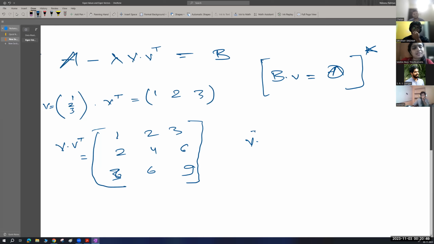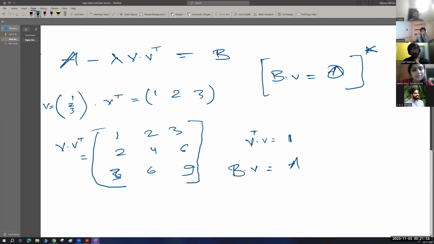They're all unit vectors, right? So B of V is equal to A of V minus lambda V V transpose V, and A V is lambda V, minus lambda V V transpose V.